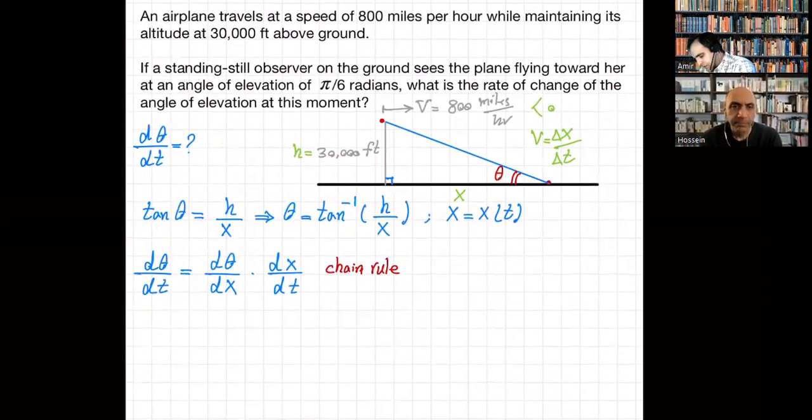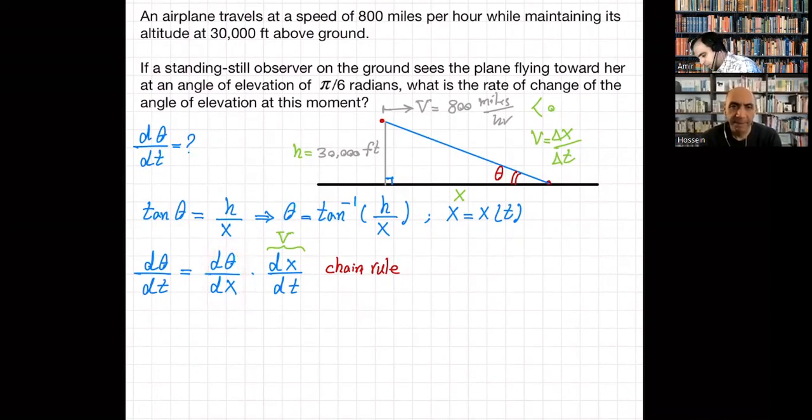This one is velocity, the change of position relative to change of time, which is negative 800 miles per hour. Correct. But we need to have actually this term here.